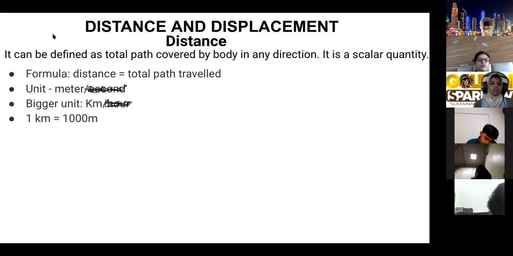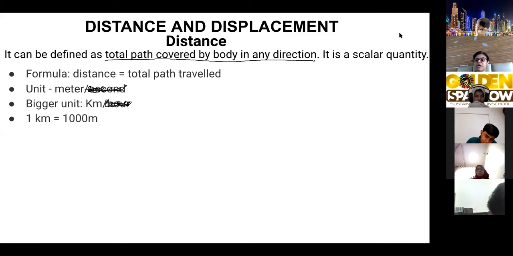So this is the formula. This is the main point about distance. Distance is the total path covered by the body in any direction, because direction is not important and it is a scalar quantity. So formula हो गया total path, unit हो गया meter, this is SI unit, bigger unit is kilometer, and relationship between kilometer and meter is this.